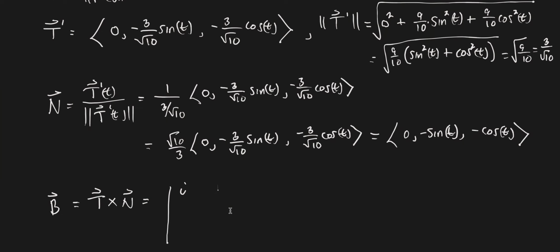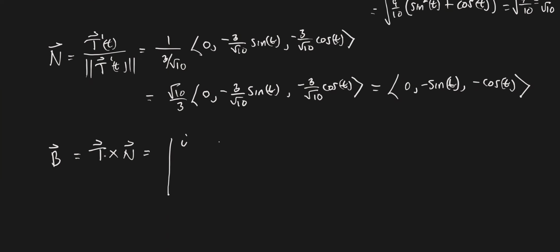So our T is 1 over root 10, and then we have the 3 over root 10 cosine t, and then negative 3 over root 10 sine t, and then here's our j, and then there's our k.